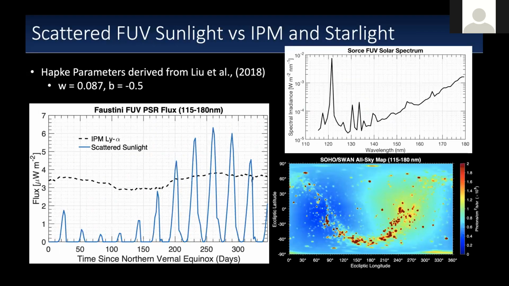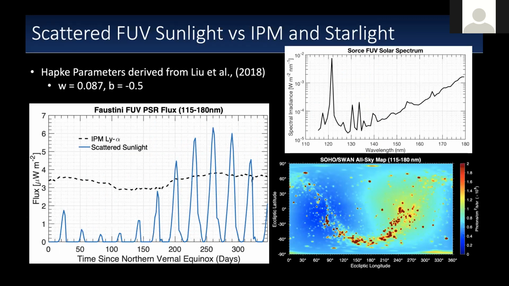So another thing that we're interested in doing with this work is looking at the sources of light in the far ultraviolet region. On the Lunar Reconnaissance Orbiter, there's an instrument called LAMP, which stands for Lyman Alpha Mapping Project. It basically uses starlight and light from the interplanetary medium to map ice within the PSRs.